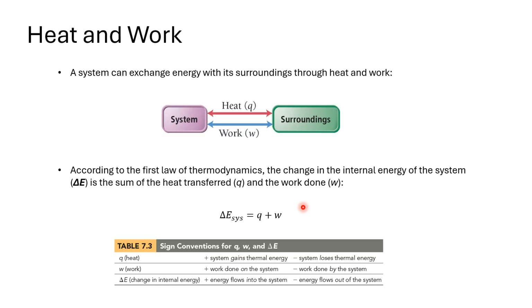Now, realize that we're not talking about the path of how we got from the initial energy to the final energy of a system. We're not talking about how we got from initial to final or final to initial. We just know we started with a certain amount and ended with a certain amount. So that's what we call a state function. It just matters about the state, not the path to how it got to that particular state, okay?